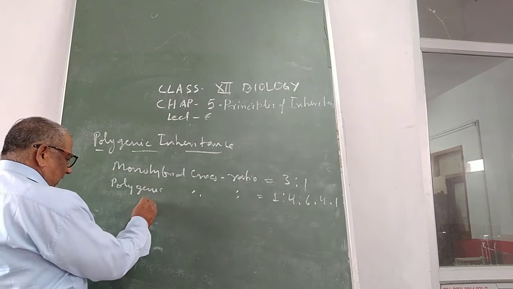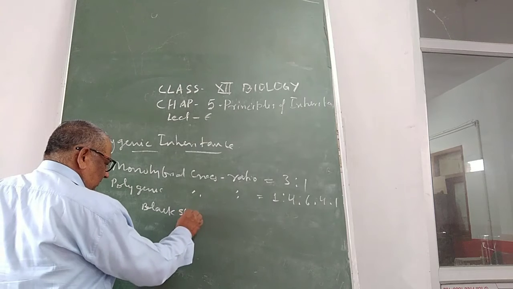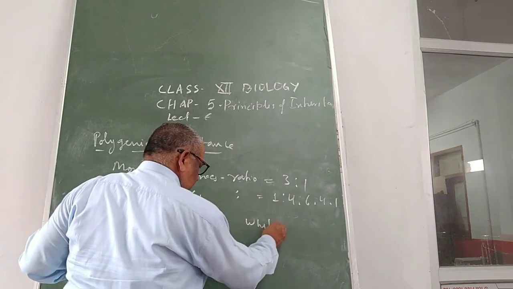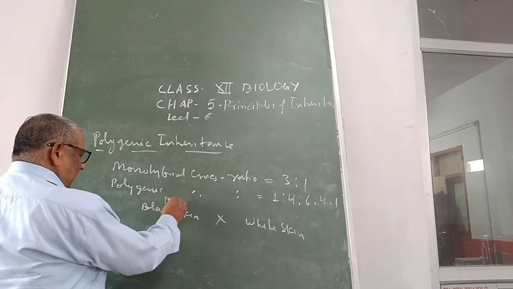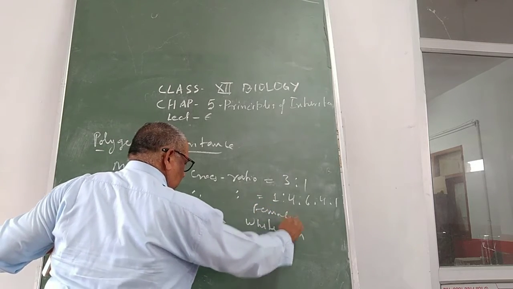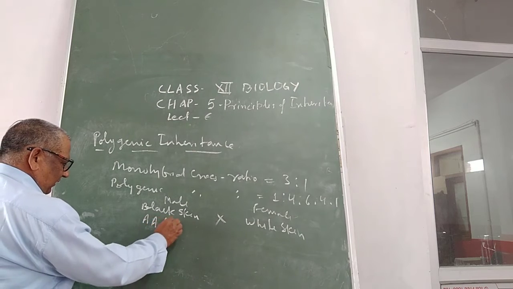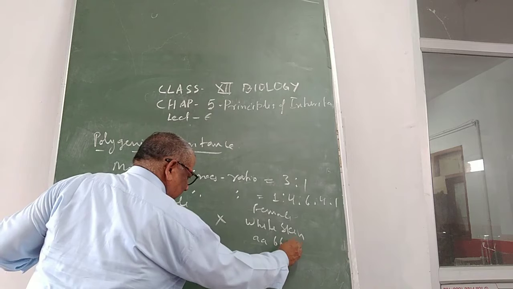Suppose a black skin color person is crossed with a white skin color person. Suppose this is male and this is female, and their genes are capital A, capital B, and capital C, and small a, small b, and small c.